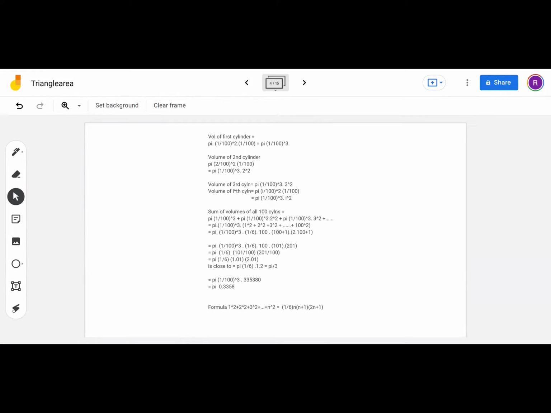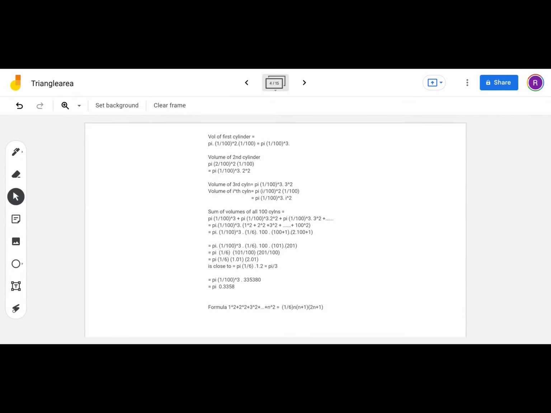So it will be 1.00001. Yes, and the 2.01 will become 2.00001, sir. Yes, correct. The important thing to note is that when you go from n equal to 100 to a million, everything remains the same except that 1.01 becomes 1.00001 and 2.01 becomes 2.00001.